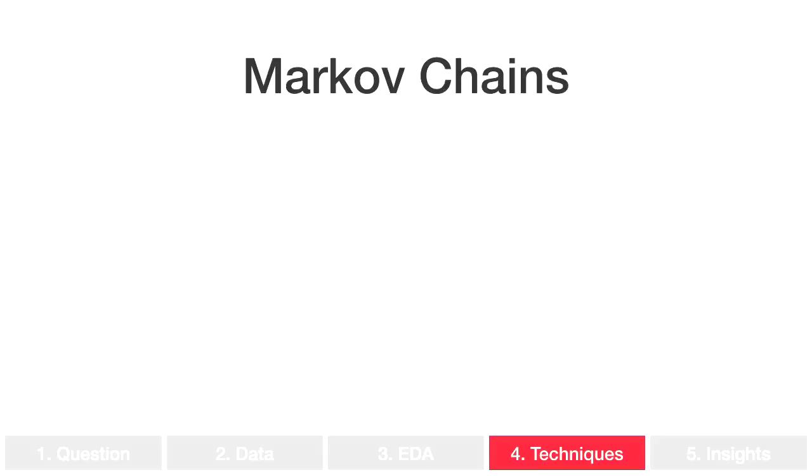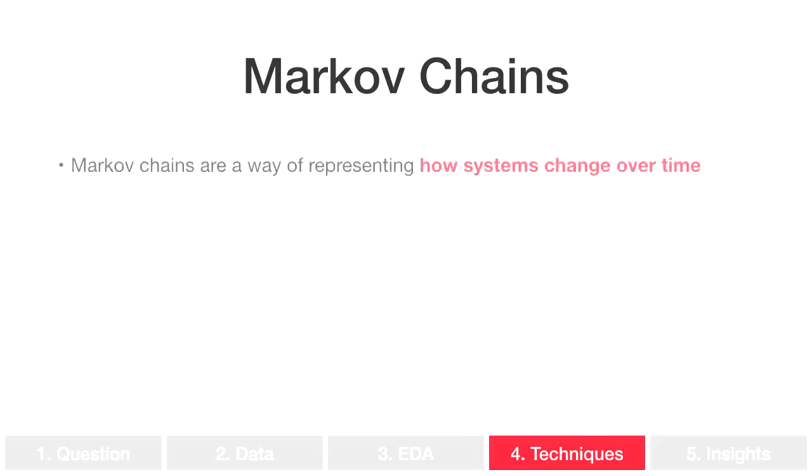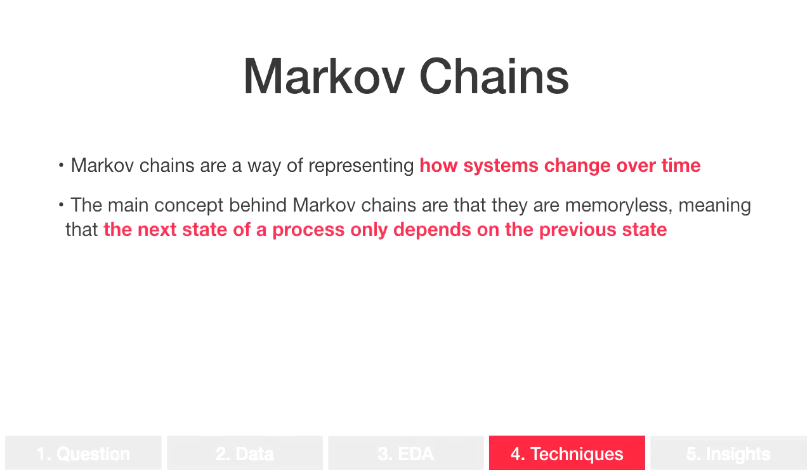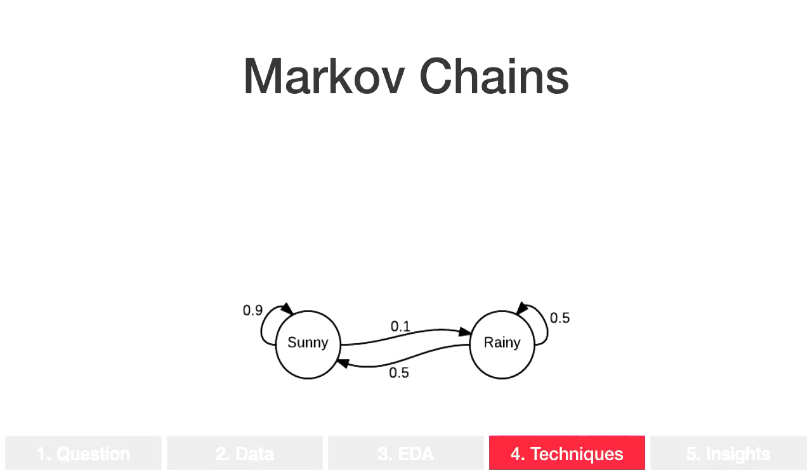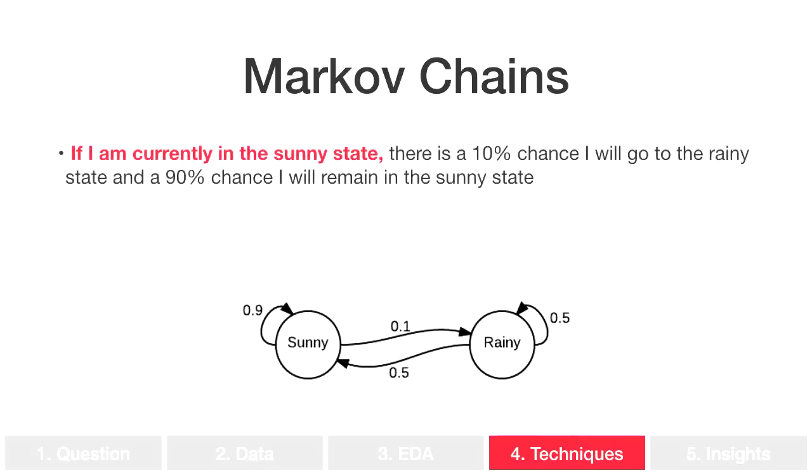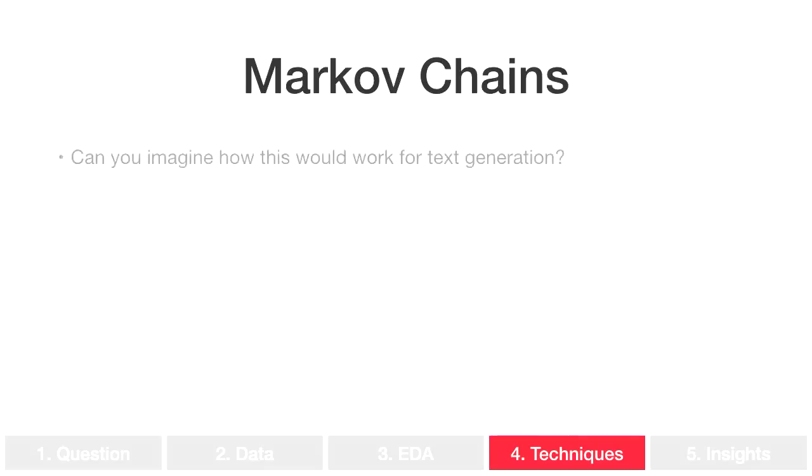And the way you can do this is using something called Markov chains. So Markov chains are basically a way of showing how states change over time. The main assumption of Markov chains is that the next state of a process only depends on its previous state. So instead of going through this example, I will just go through the text example.